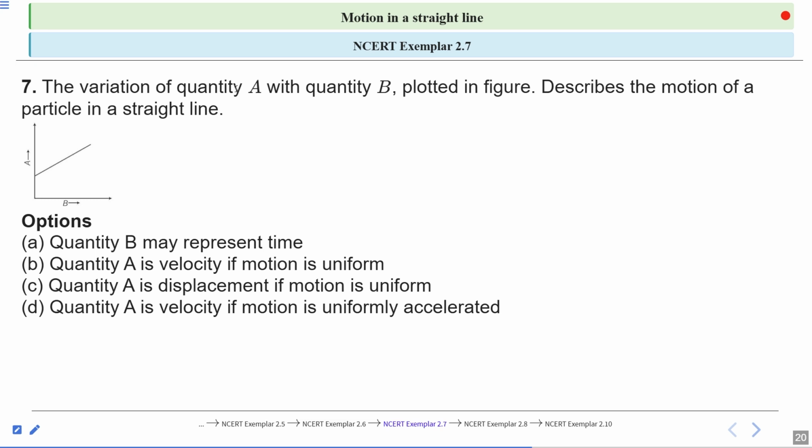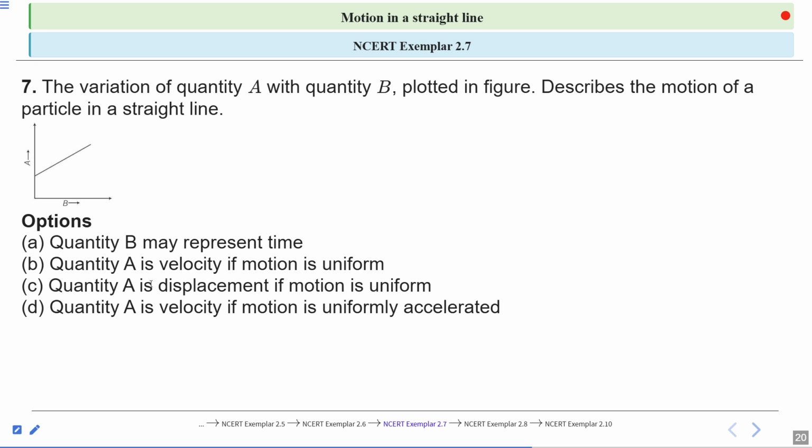The variation of quantity A with quantity B, plotted in the figure with A on the y-axis and B on the x-axis, describes the motion of a particle in a straight line. Options: A, quantity B may represent time. B, quantity A is velocity if motion is uniform.